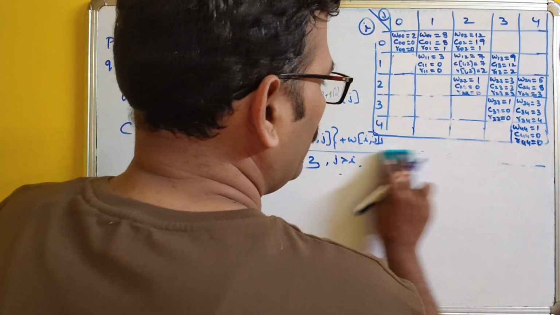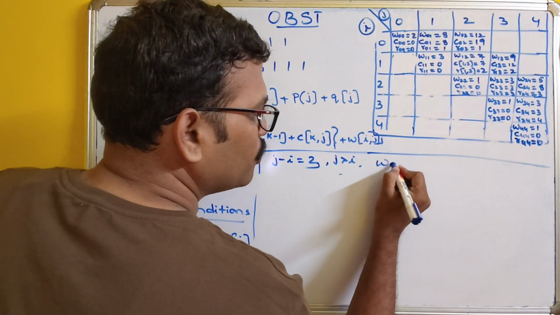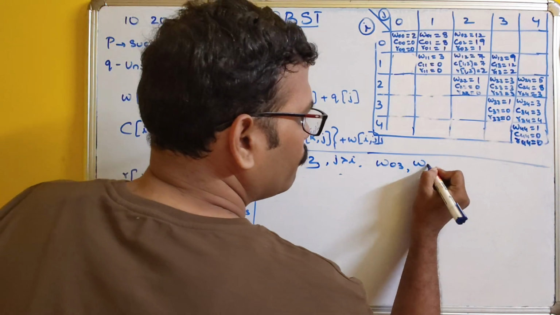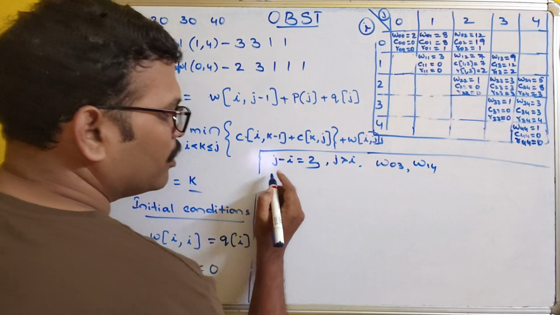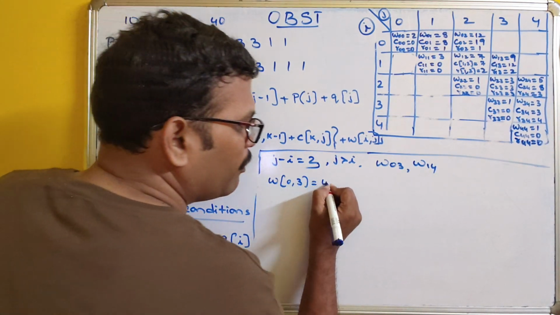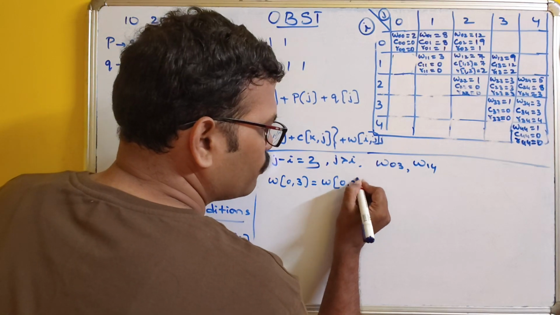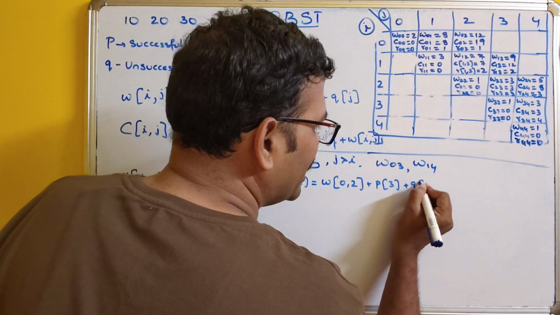So for this we have to calculate W of 0,3 and W of 1,4. So 0,3 and 1,4, right? Now W of 0,3 is equal to W of i, j minus 1, that is W of 0,2, plus P of j, P of 3, plus Q of j, Q of 3.